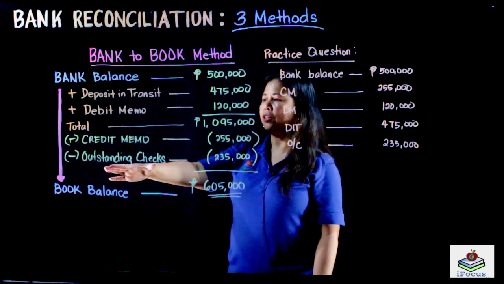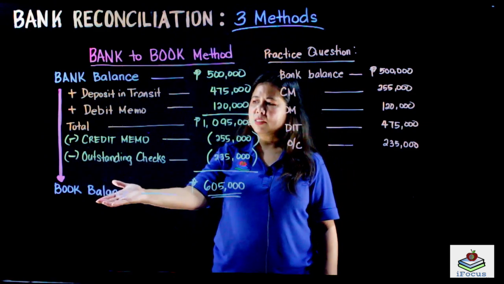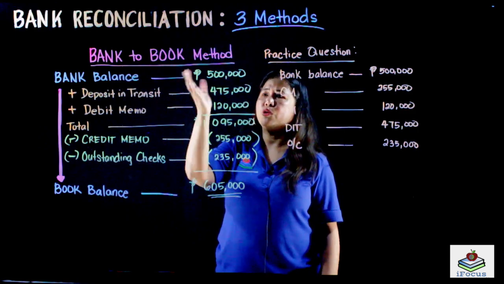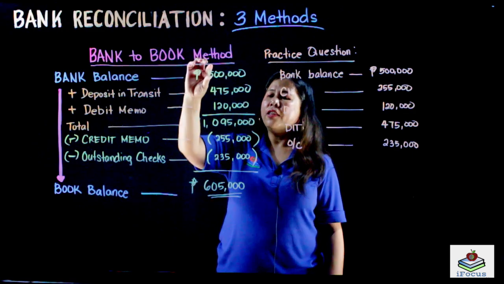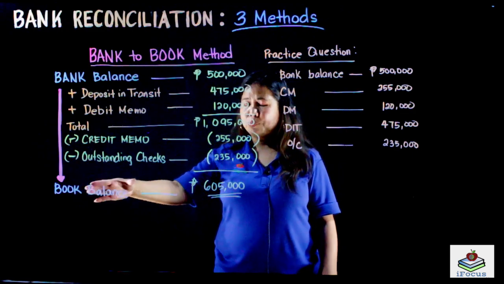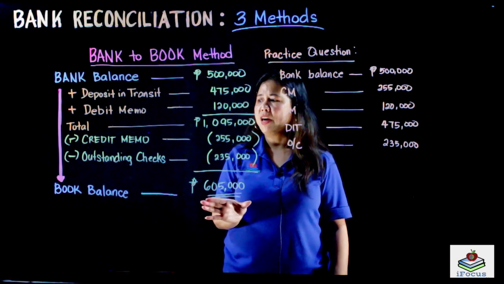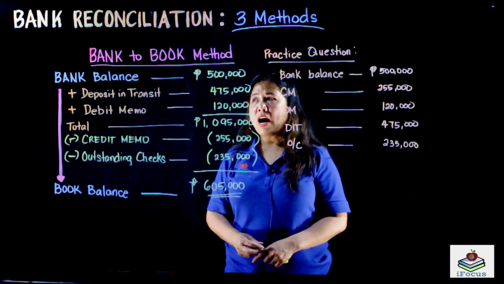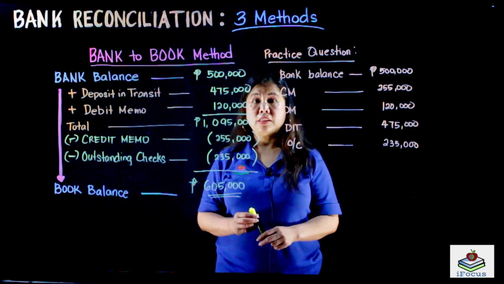Bakit natin mina-minus? Kasi on the book balance, na-minus na ang outstanding checks. Pero sa bank balance, nandoon pa rin itong cheque na 235,000. So, para makita natin ang book balance na 605, ma-minus natin ang 235,000. So, yan po ang ating bank-to-book balance method.